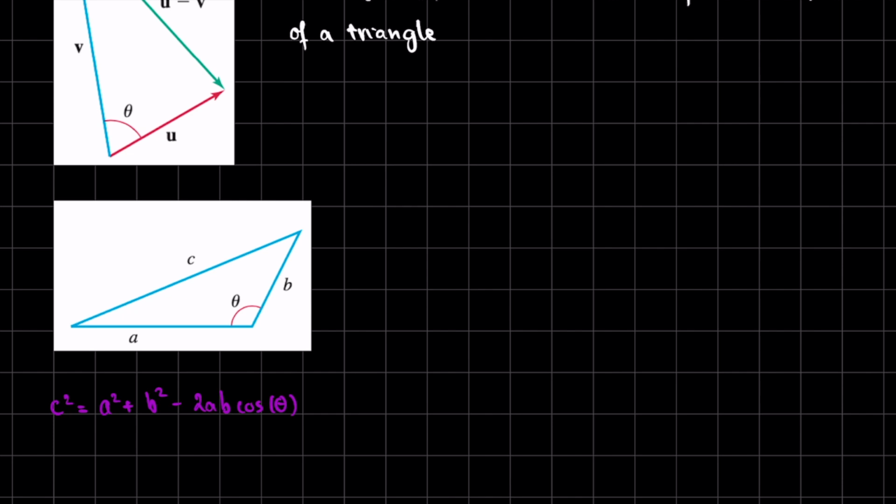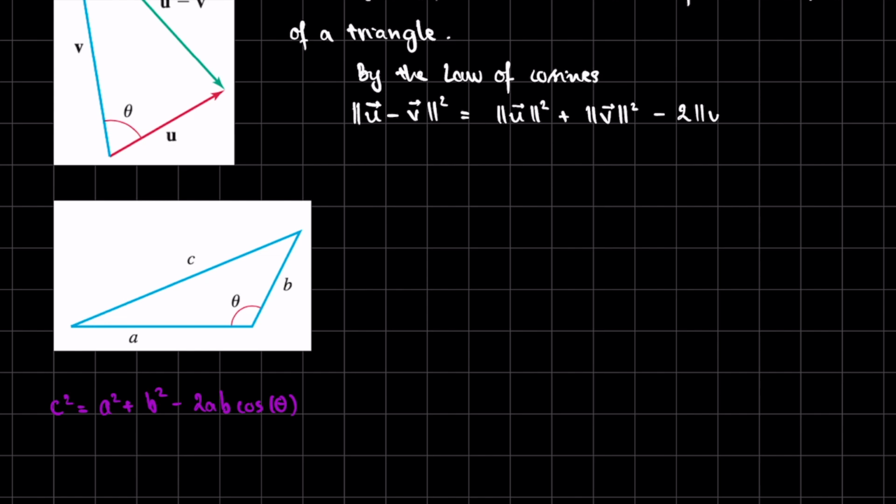Now we're going to apply the law of cosines to this particular triangle. By the law of cosines, the magnitude of u minus v squared is equal to the magnitude of u squared plus the magnitude of v squared minus 2 times the magnitude of u times the magnitude of v times cosine of theta.